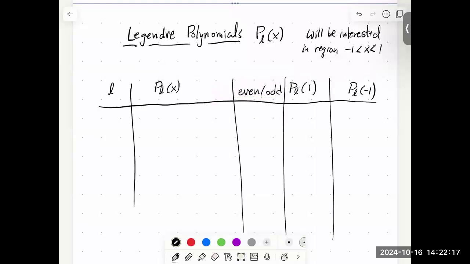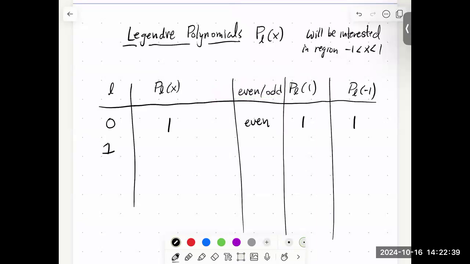Okay, so we'll start with L. In fact, L can be 0. When L is 0, the first Legendre polynomial is just a 1. Okay, and 1 is an even function. And so if I evaluate 1 at any value of x, I always get 1. So that one is not so interesting.